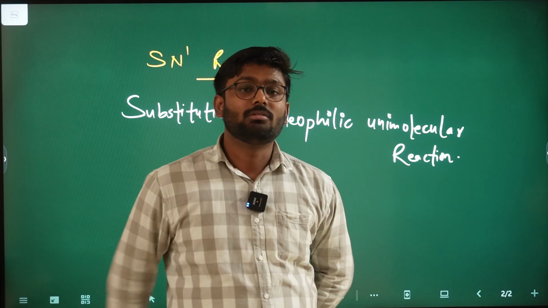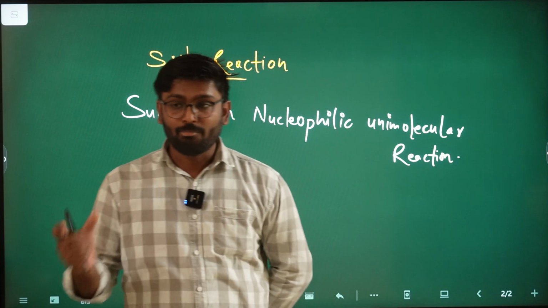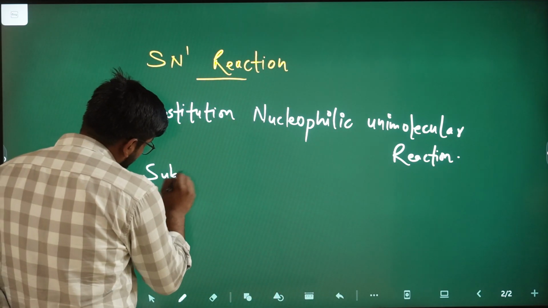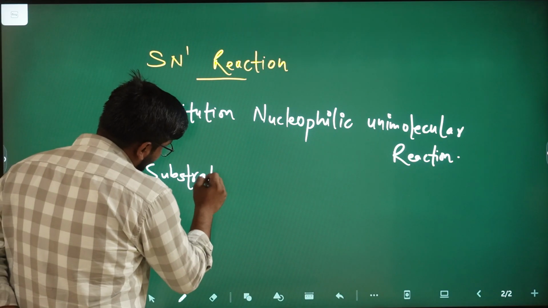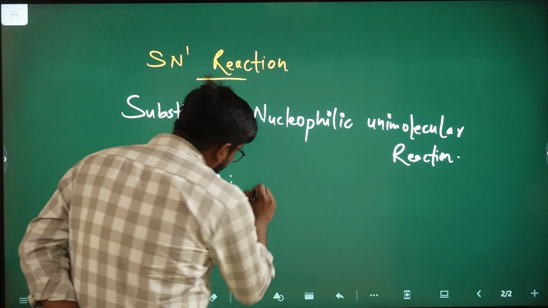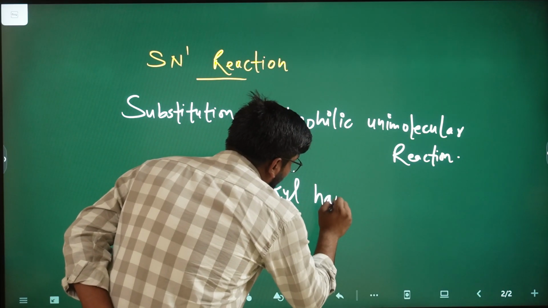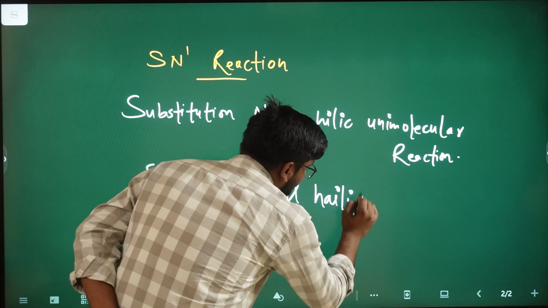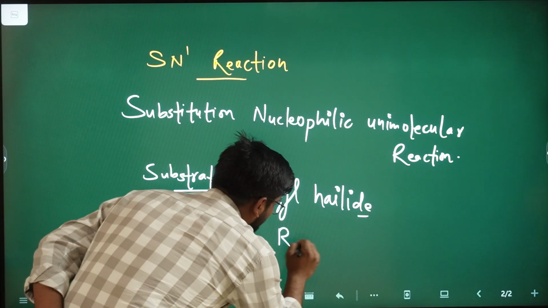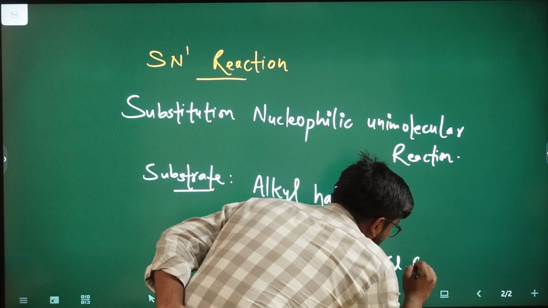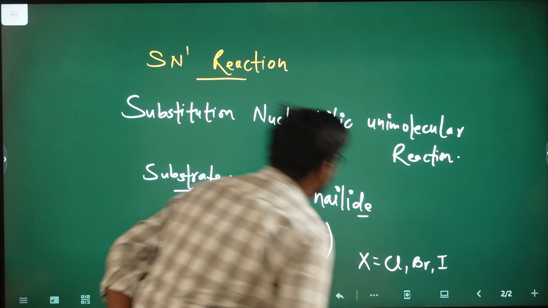In your syllabus here the only substrate is alkyl halide. So this is of type RX, where X can be chlorine, bromine and iodine.